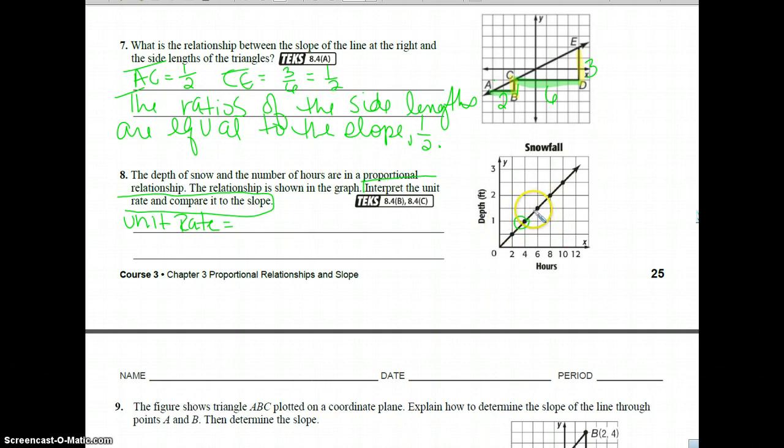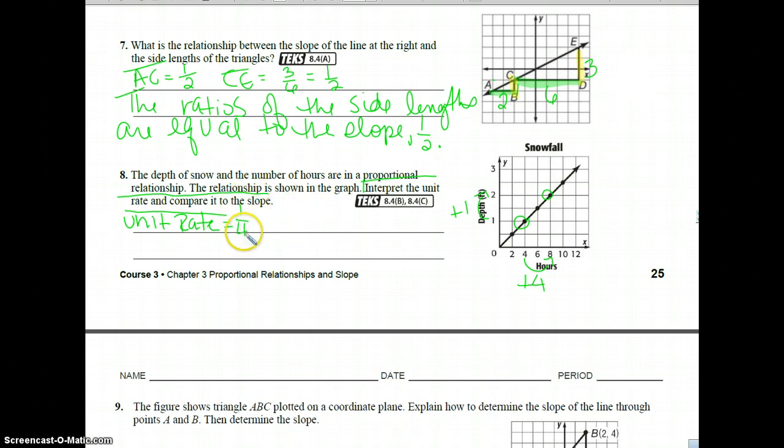So what's going on? Let's take a look at this point right here and this point right here, because both of those line up with whole numbers. The change in y, what's going on when I go from here to here? Plus 1. There's my change in y. And what's going on when I go from here to here, from 4 to 8? Plus 4. So if I put the change in y over the change in x, what do I get? 1/4. That's right. So our unit rate is 1/4.